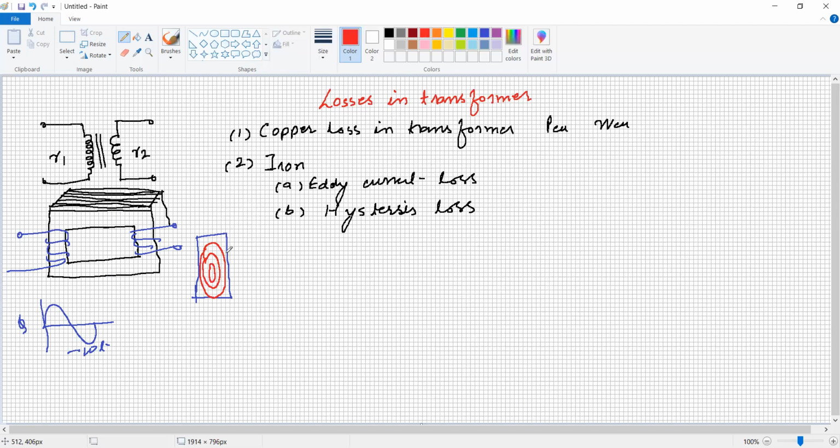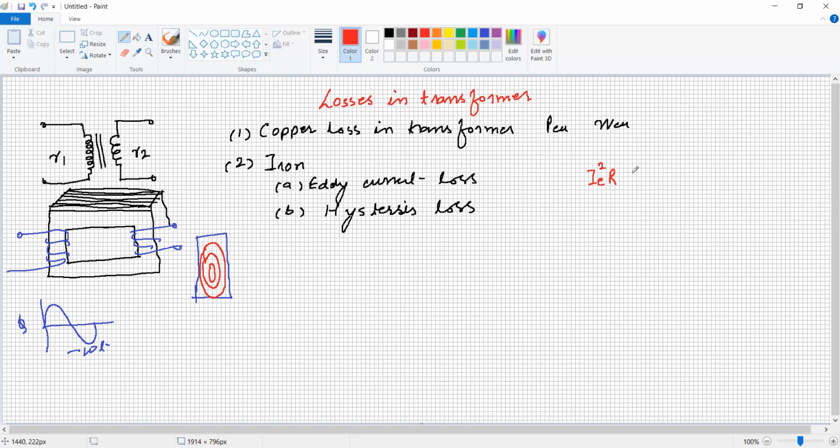Therefore, this is called eddy current. If IE is the eddy current, then the square of the current multiplied by the resistance of the material gives the eddy current loss.